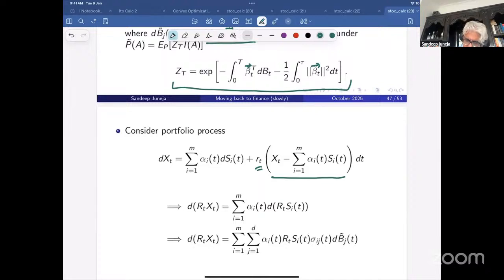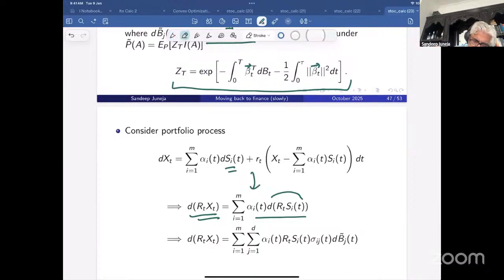Now you can see, just by plugging in values, that d(R_t X_t) is going to be summation i equal to 1 to m alpha_i(t) d(R_t S_i(t)). This is the same calculation that we did in single dimension, so it extends analogously. I can open this quantity up and show that these two are equal.